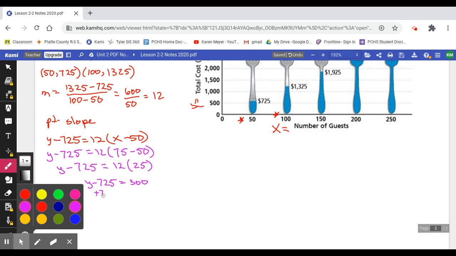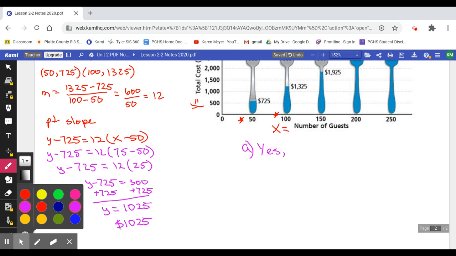And then to get y by itself, add 725 over. So we get y to equal 1,025. That's telling me the cost for 75 people is $1,025. So will we have enough money? Yes, we do, because she has a budget of $1,200.